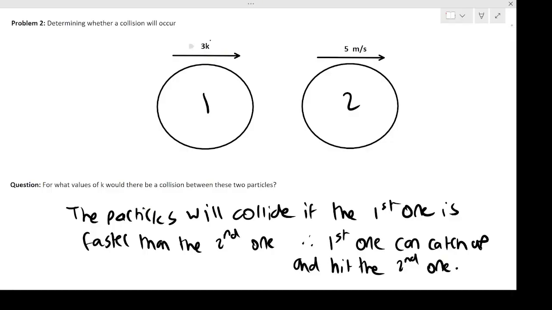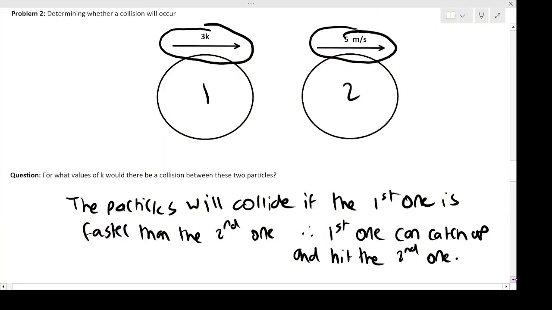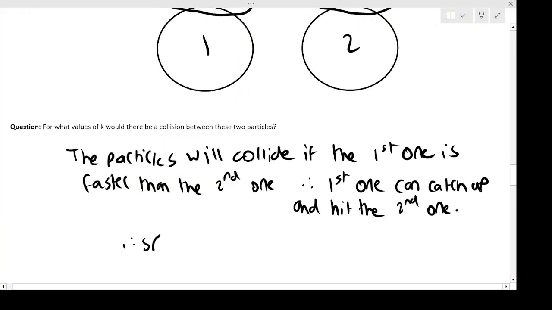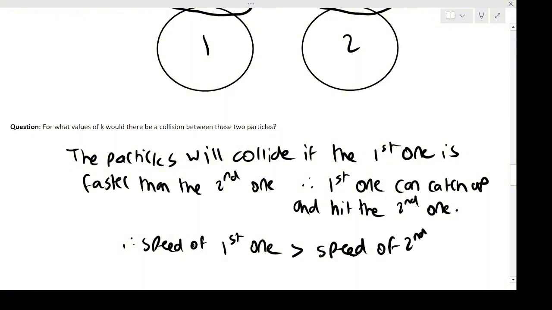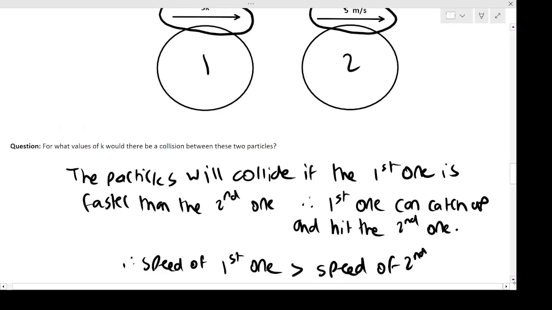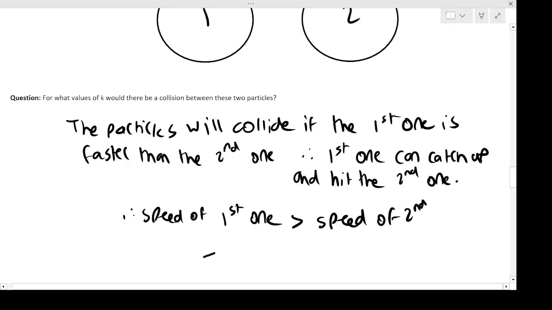Well, that means that the speed of the first one has to be bigger than the speed of the second one. So therefore we can say the speed of the first one is greater than the speed of the second one. Because then the first one will be faster and then catch up to the second one. And actually we can then sub in the speeds. So the first one has speed 3k, and so that has to be greater than the speed of the second one, which is just 5.